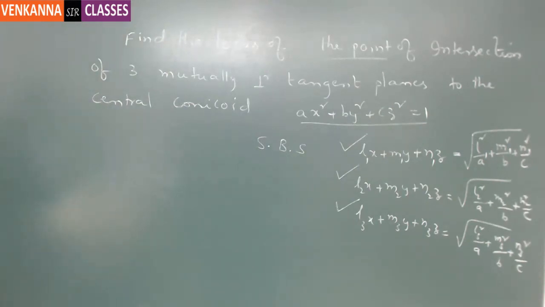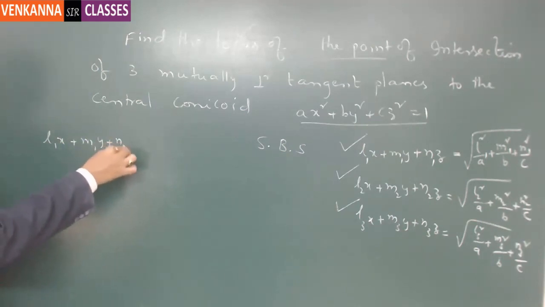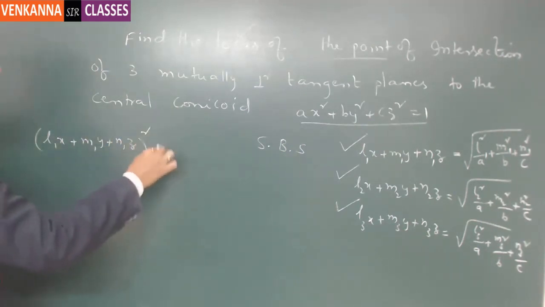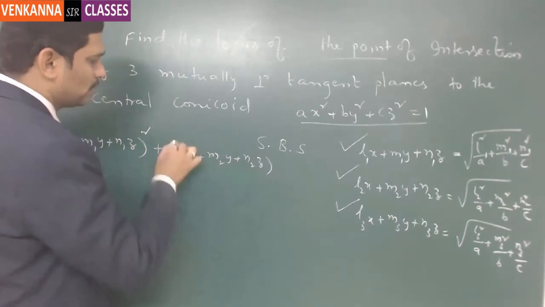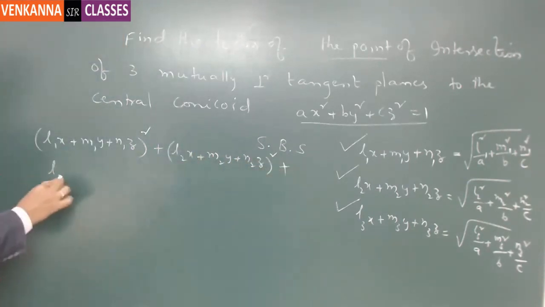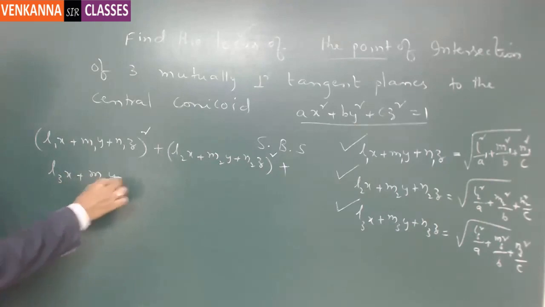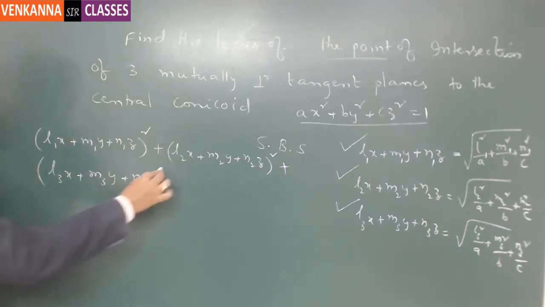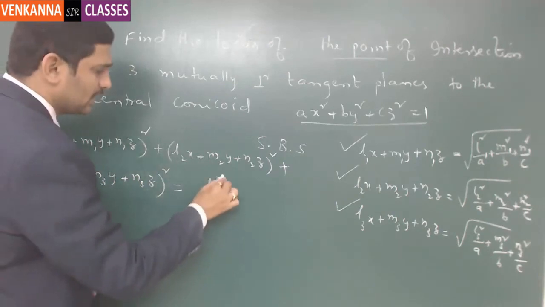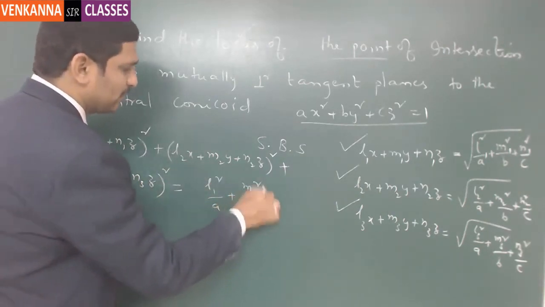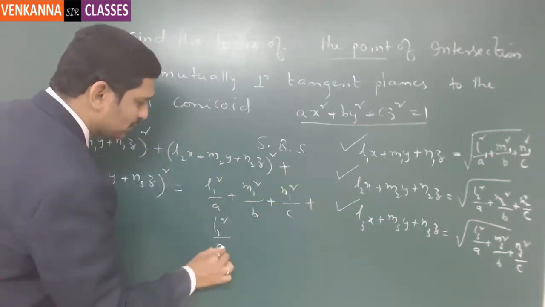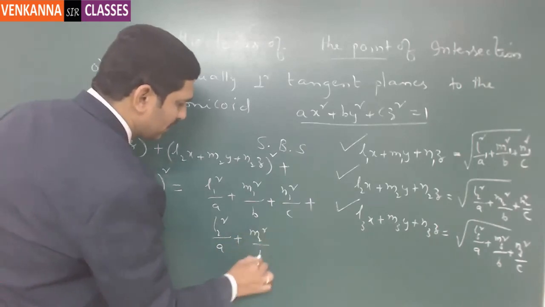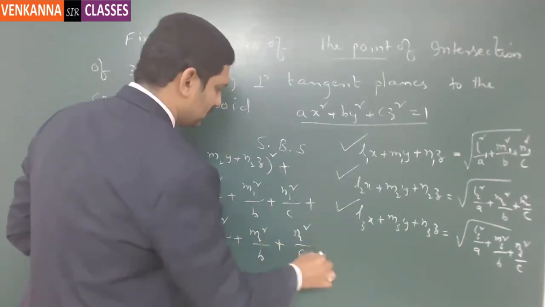So what you will get is L1x plus M1y plus N1z whole square plus L2x plus M2y plus N2z whole square plus L3x plus M3y plus N3z whole square equals L1 square by A plus M1 square by B plus N1 square by C plus L2 square by A plus M2 square by B plus N2 square by C and again plus the third terms.